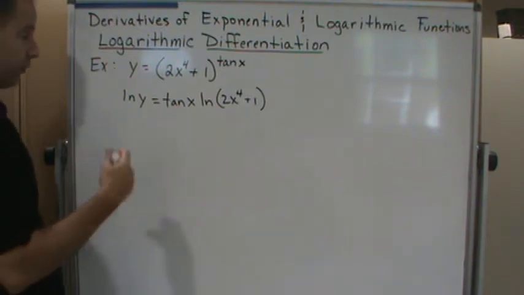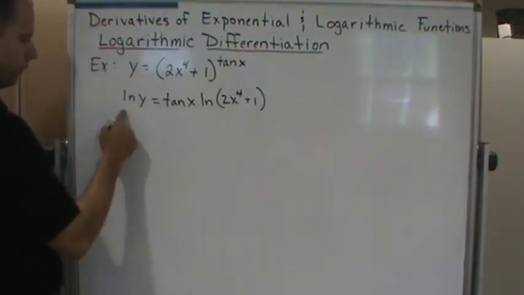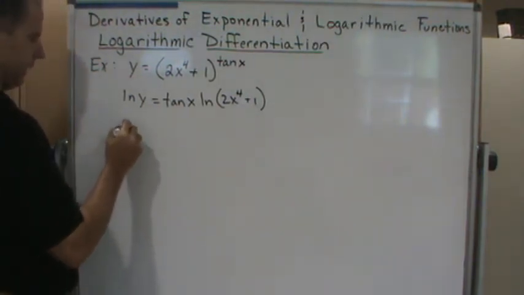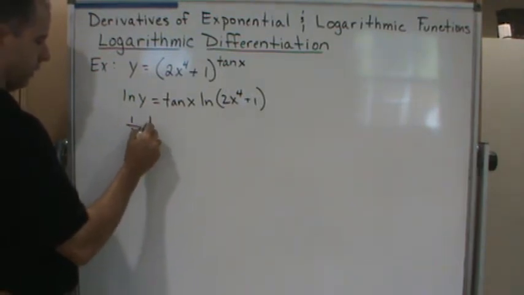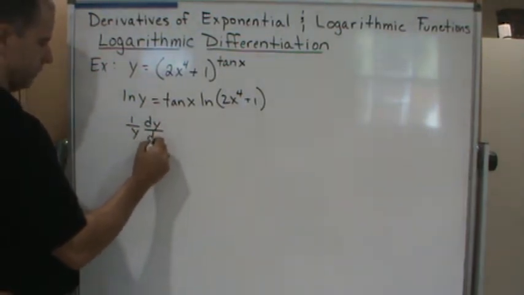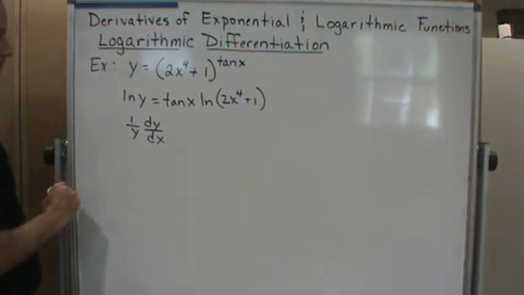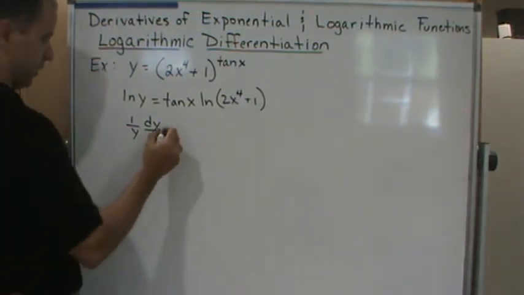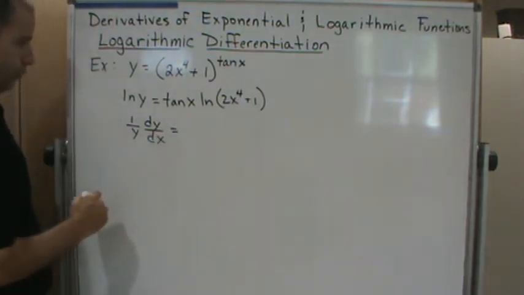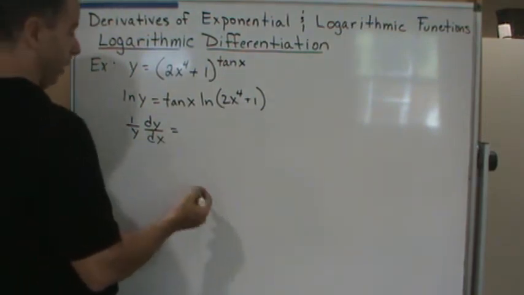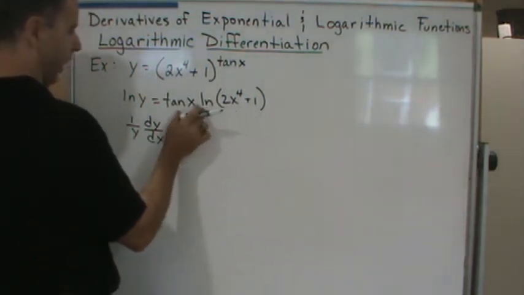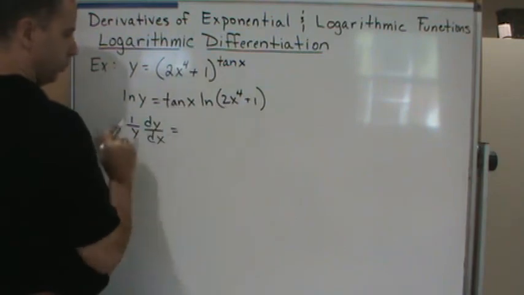So now we're going to differentiate both sides. If I differentiate this side, what do I get? I get 1 over y dy dx. So again, implicit differentiation. And now what happens here? Well, this is going to be a product rule.